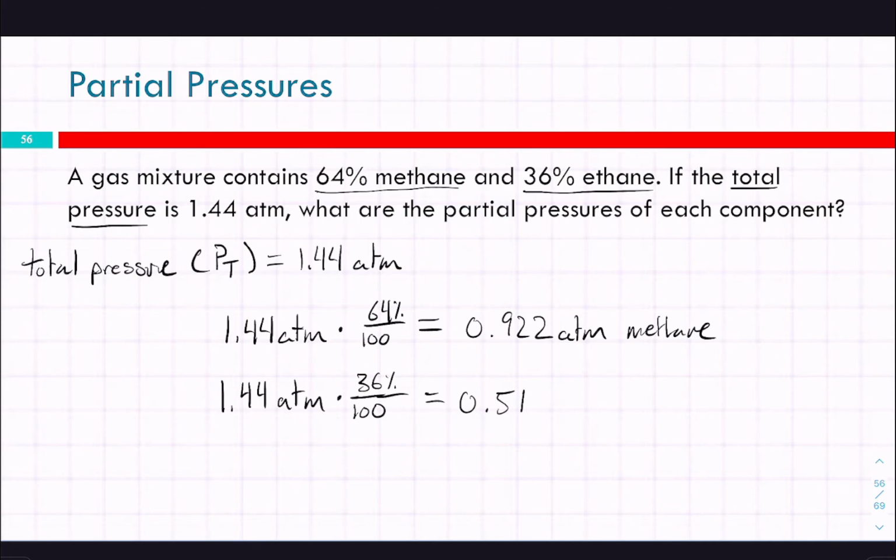Oh, I guess we only have two sig figs, huh? So it should be 0.92 and 0.52. And again, we keep the same units as our total pressure. So this is ethane.